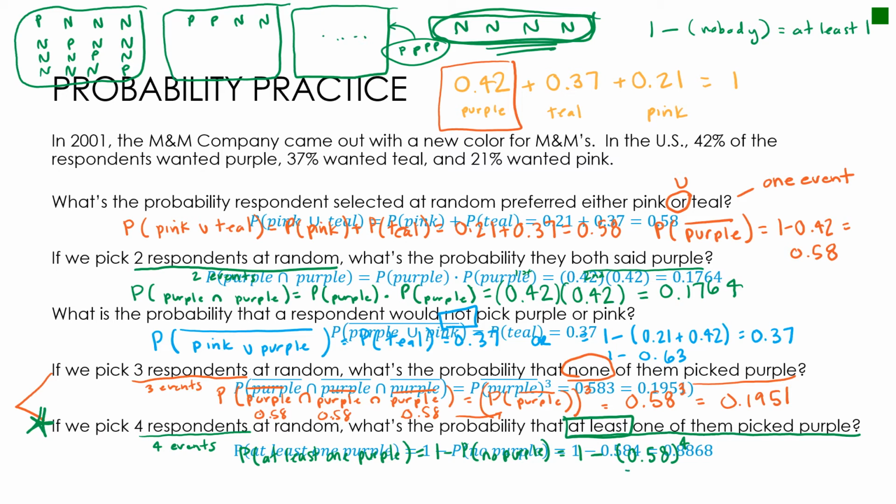So this is the probability not purple, not purple, not purple, not purple, and if I multiply that out and then subtract it from 1, because order of operations is important, then I would get 0.8868. And that is my solution, 0.8868, which is the probability that at least one of them picked purple.